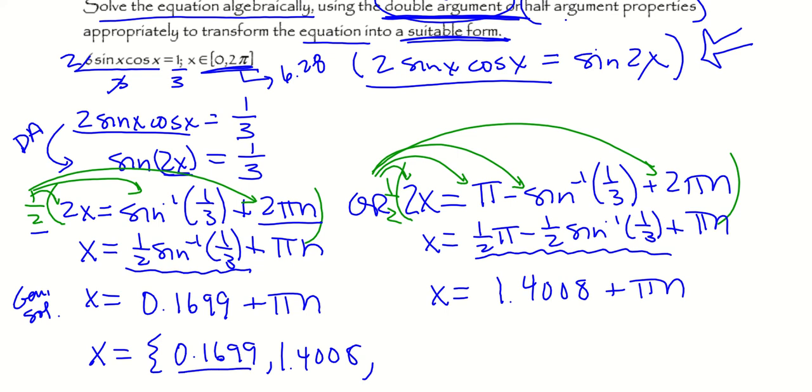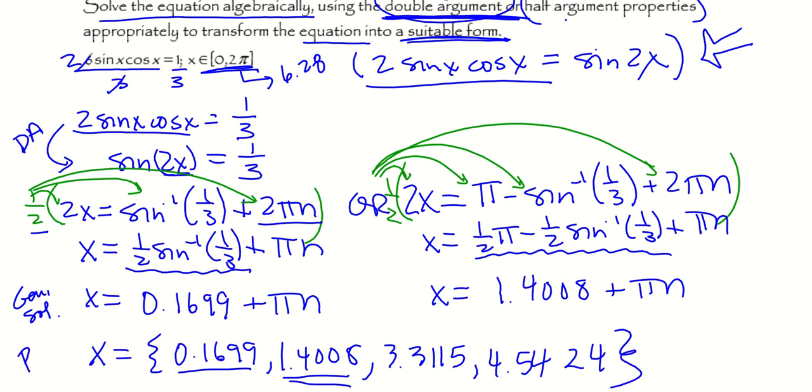Then if I add pi to this 0.1699, I get 3.3115, rounded, and if I add pi to this 1.4008, I get 4.5424. And those are my particular solutions.